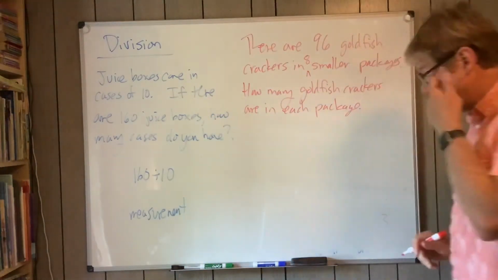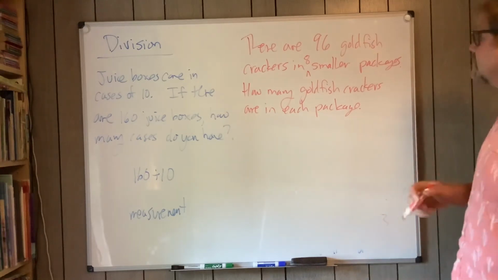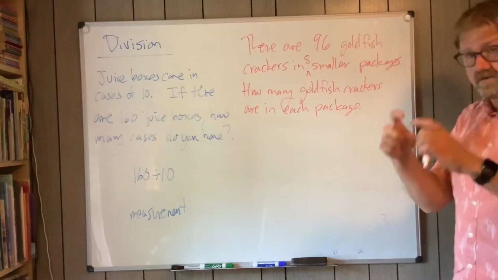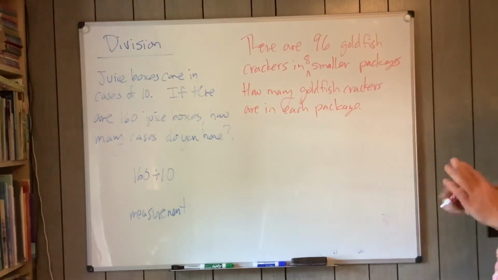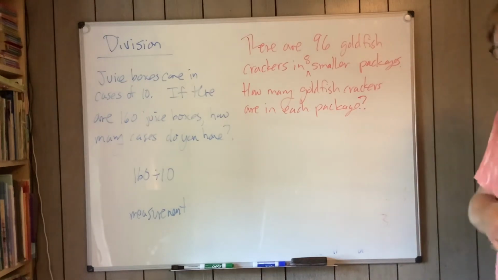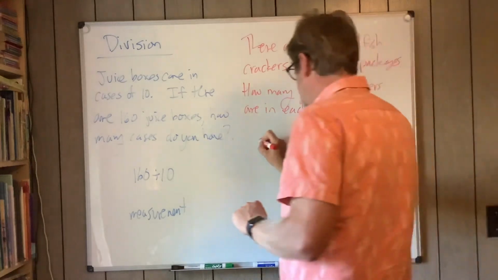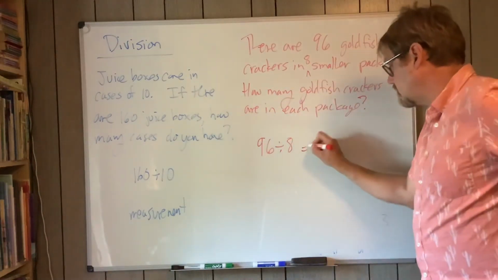Okay, so we'll switch from juice boxes to goldfish crackers. So I've got 96 goldfish crackers in 8 smaller packages. So how many goldfish crackers are in each package? That's a question, so we should put a question mark there. Okay, again, 96 divided by 8. And if you're curious, that's 12.